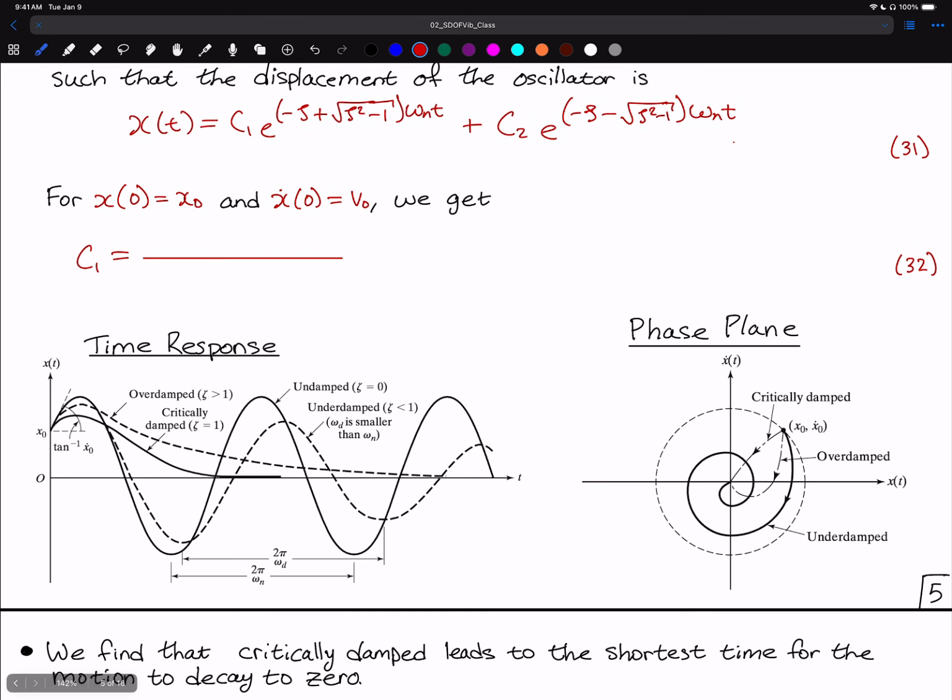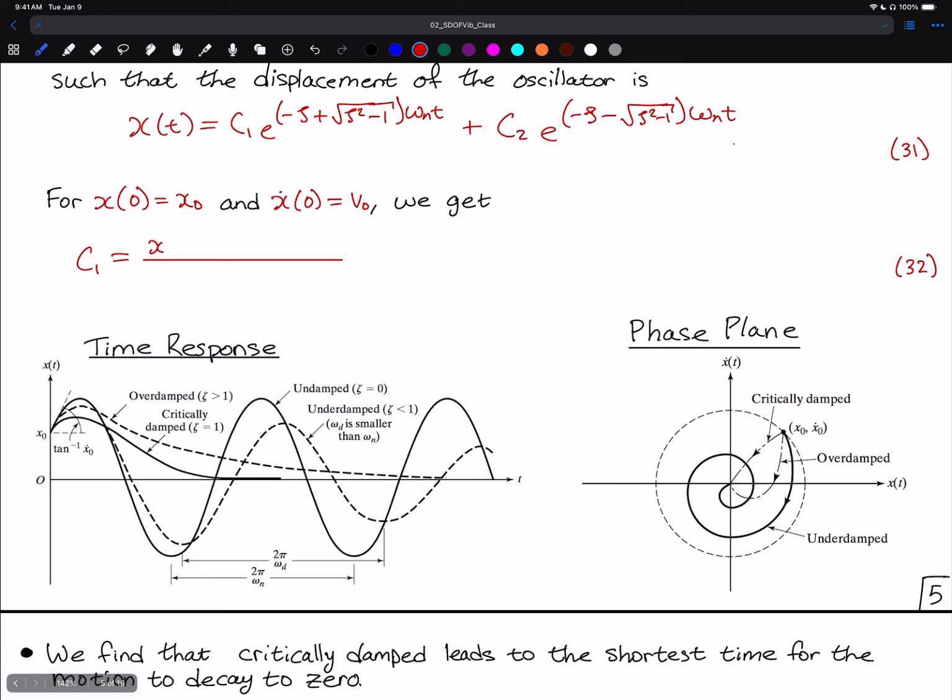For our initial conditions, we can find here that C1 will be equal to a big fraction of x0 omega n times the quantity zeta plus square root of zeta squared minus 1, plus V0, divided by 2 omega n times the square root of zeta squared minus 1. And for C2, we're going to get something similar.